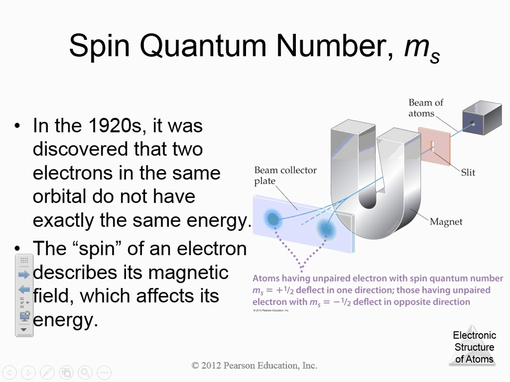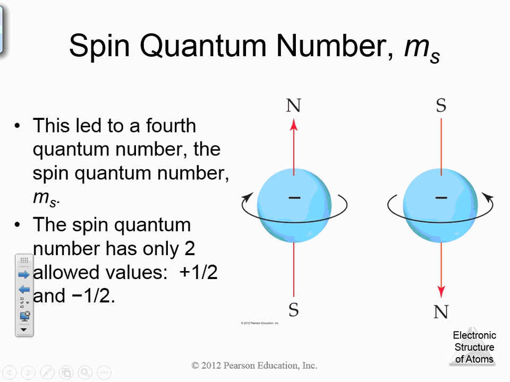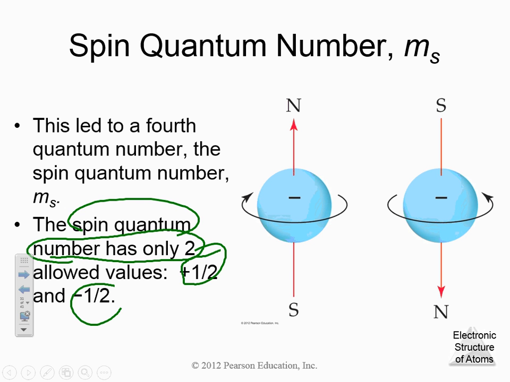So when we talk about the spin of an electron, the value that we can give is plus 1/2 or minus 1/2. There are only 2 values for the spin quantum number. So that should give you a general idea of how this works and how quantum numbers apply.